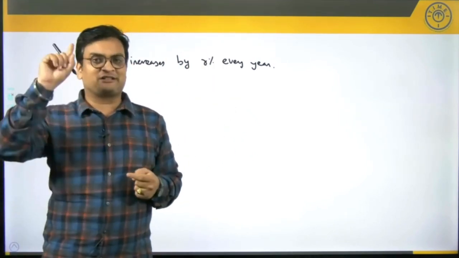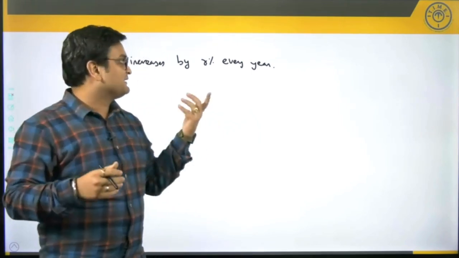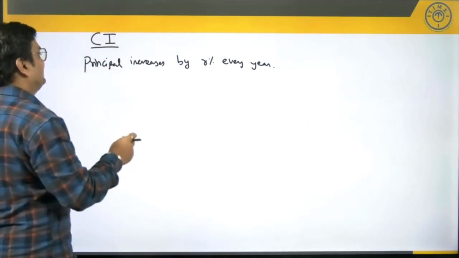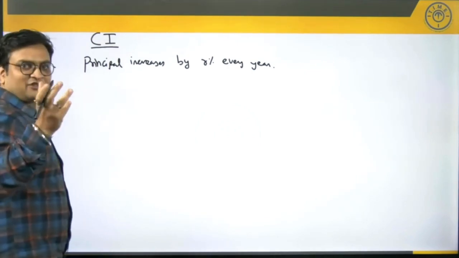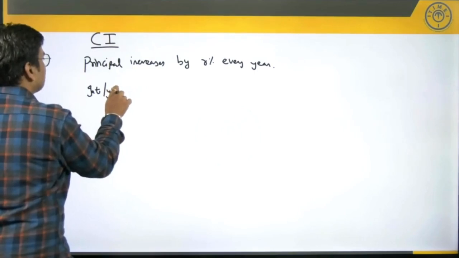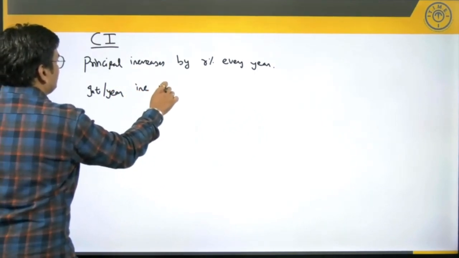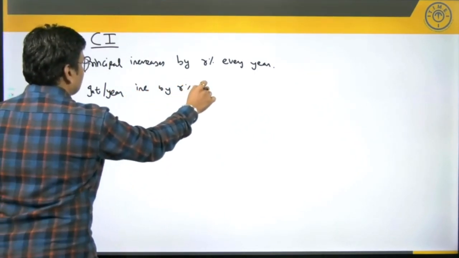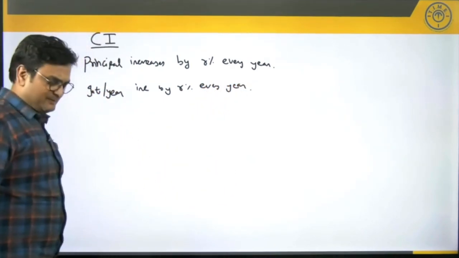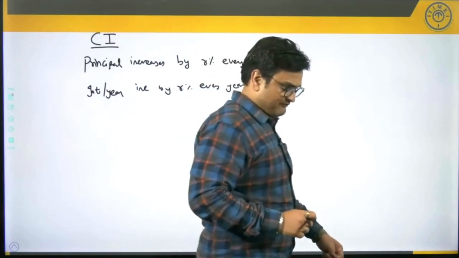It's not going to be 10% of 6,000. That's one more difference that we have between SI and CI. Principal increases by R% every year. Hence, if the rate of interest is constant, interest per year increases by R% every year.